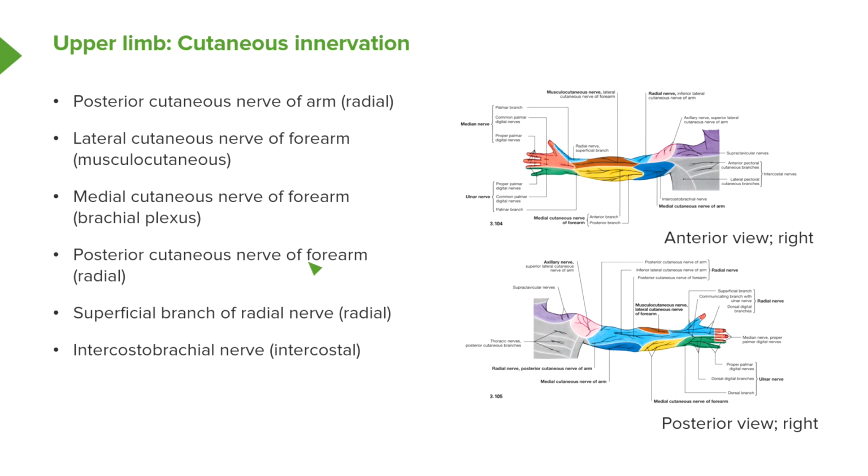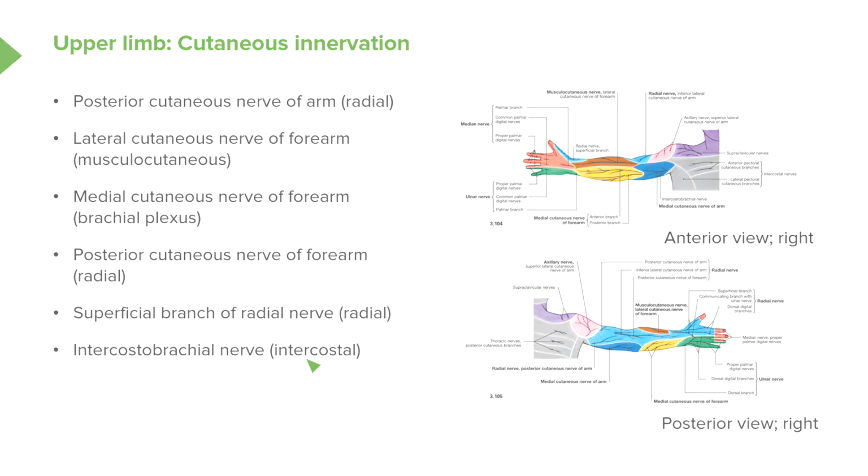Posterior cutaneous nerve of the forearm. So all aspects of the forearm are covered via these cutaneous nerves that are coming from specific places. Coming from the musculocutaneous nerve. Coming from the brachial plexus directly. Coming from the radial nerve here, or the intercostal nerves.